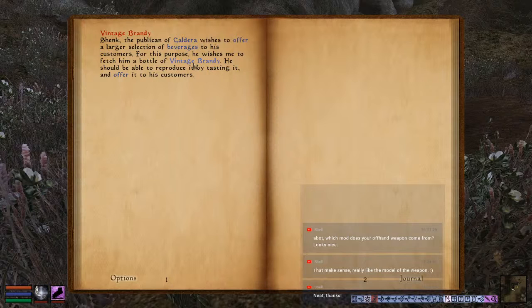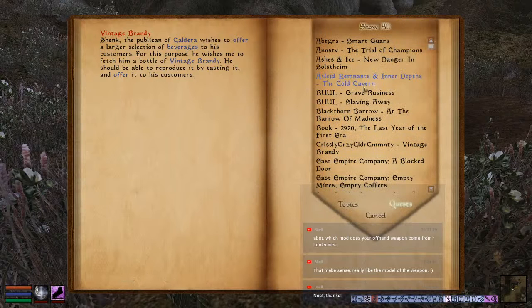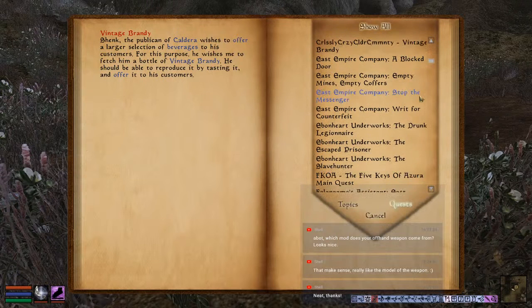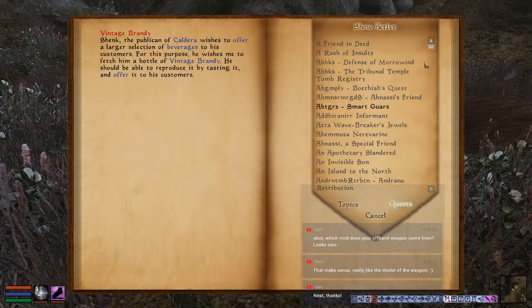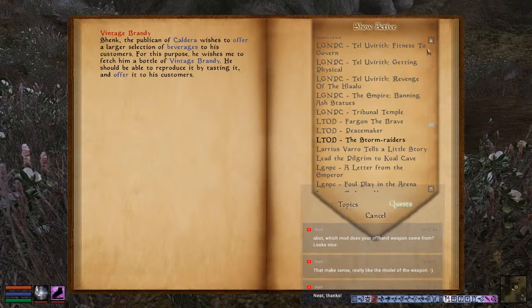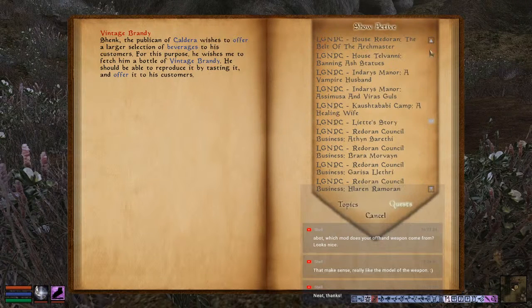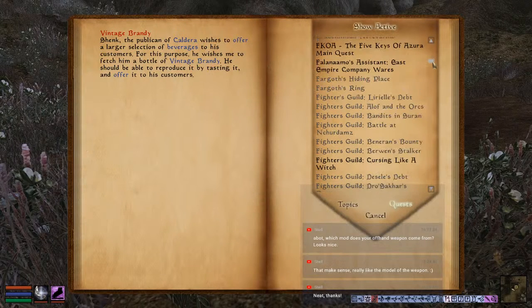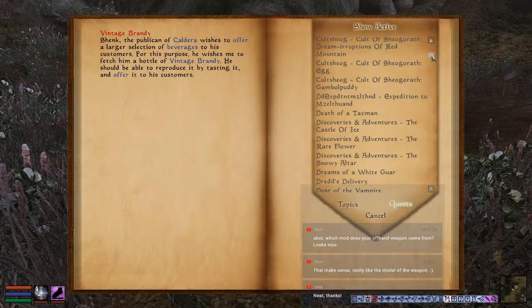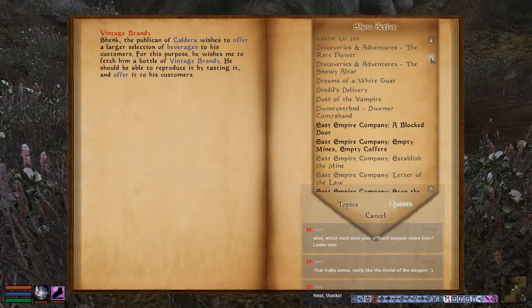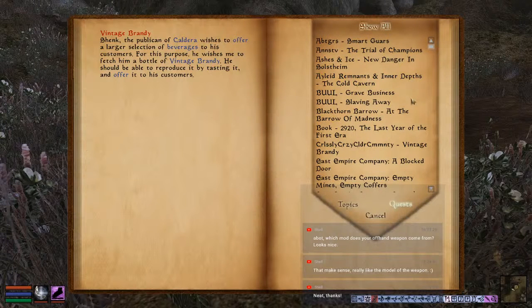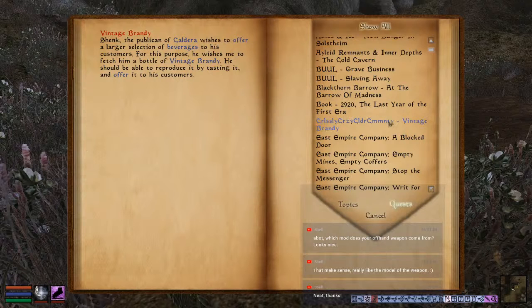You must find a bottle of vintage brandy, and in theory we should have another. Maybe they are not sorted correctly. I'm still experimenting with this. Only this one.